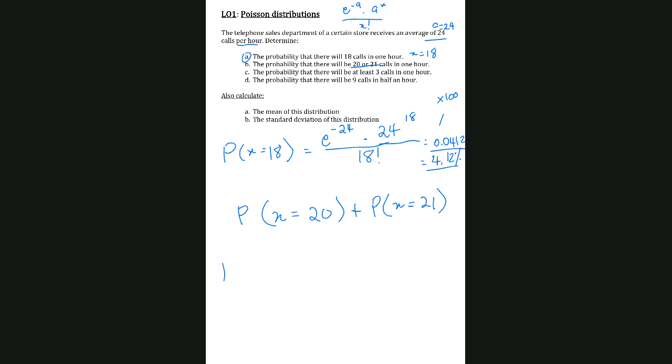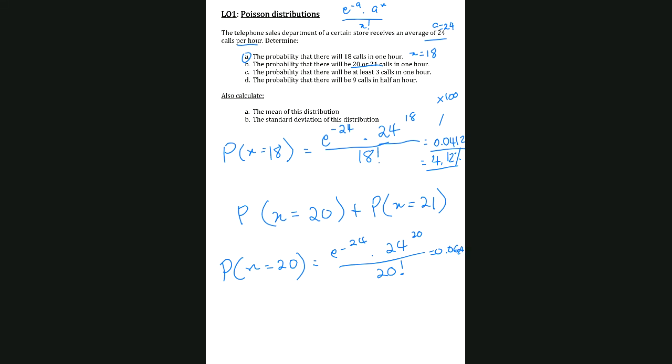So when we substitute 20 in place of x in the formula, it would say e to the power of minus 24 times 24 to the power of 20 over 20 factorial. That would give you 0.0624.